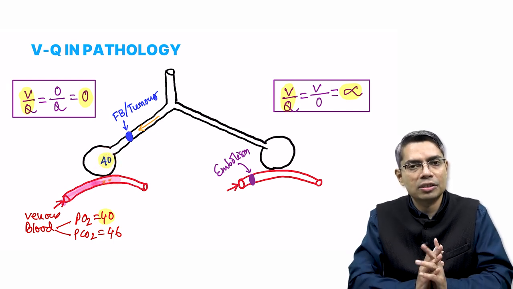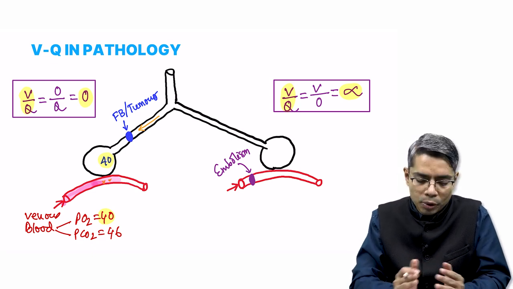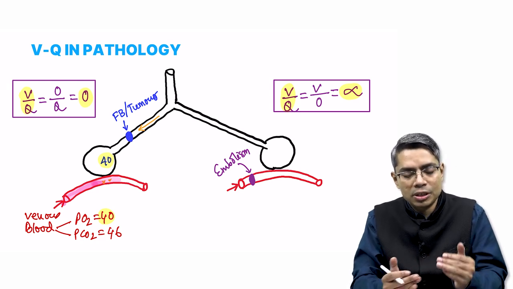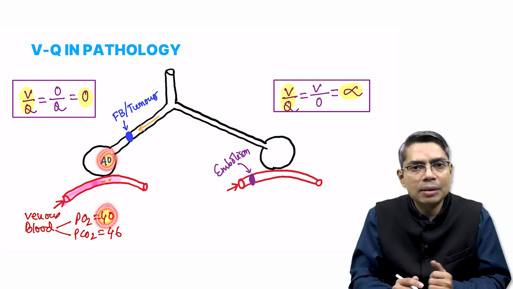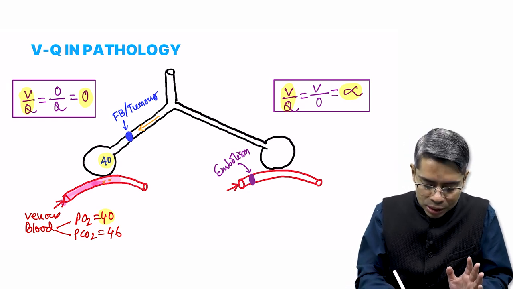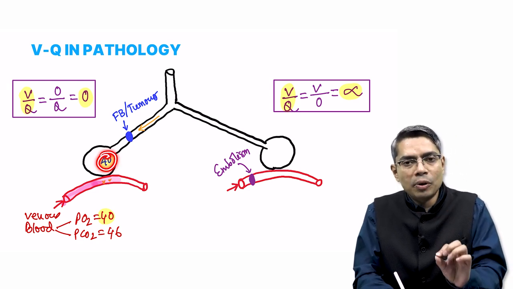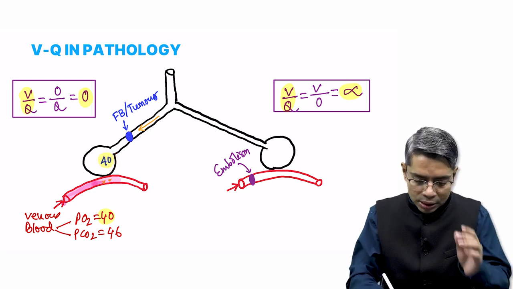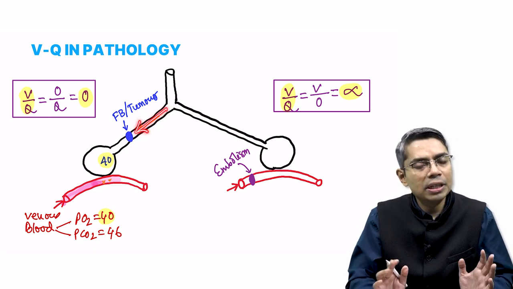Do you think the oxygen exchange is going to happen in this condition? Answer is no. We all know that the process of oxygen transport here is by simple diffusion. Simple diffusion requires a difference of partial pressure. If the partial pressure of oxygen is the same in both zones, no further oxygen exchange is going to happen. So this is the point where the partial pressure of oxygen in the alveoli is 40. At that point, no further oxygen exchange is going to happen, and we all know that the alveoli is already obstructed, so fresh oxygen is not going to enter here.